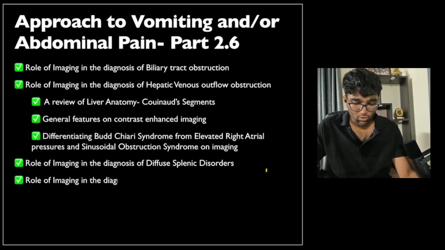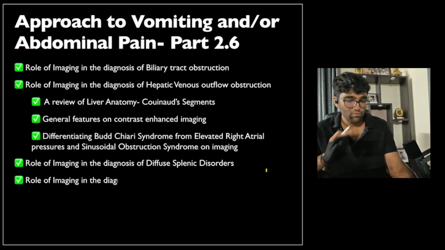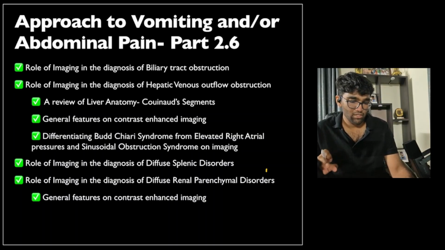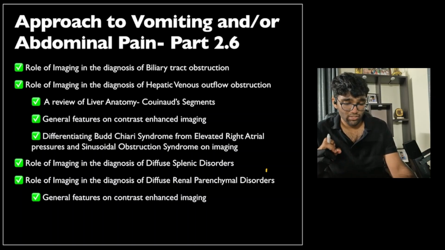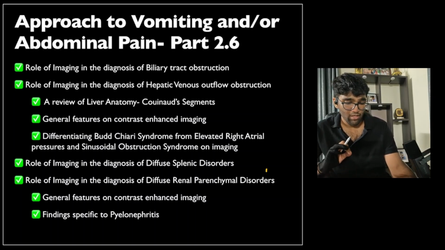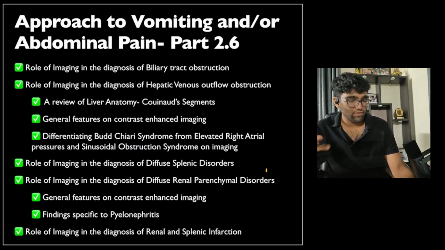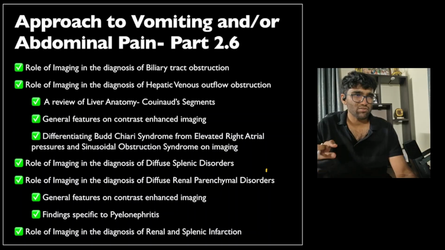Then we talked about the role of imaging in diffuse renal parenchymal disorders, with special emphasis on the general features of contrast enhanced imaging. Then we talked about findings specific to pyelonephritis, tried to derive it from there, and we talked about the imaging of renal and splenic infarcts, which was relatively easy to understand.